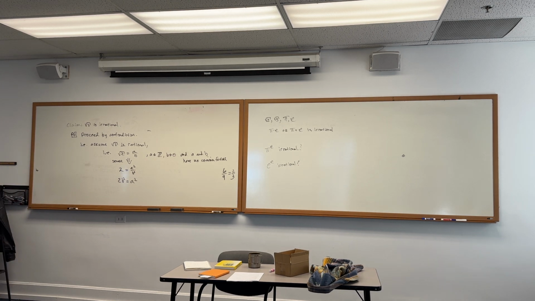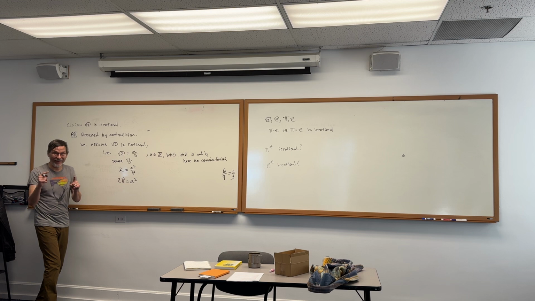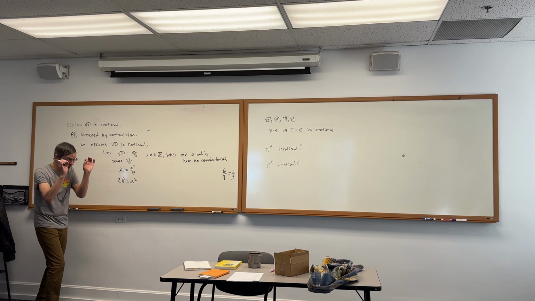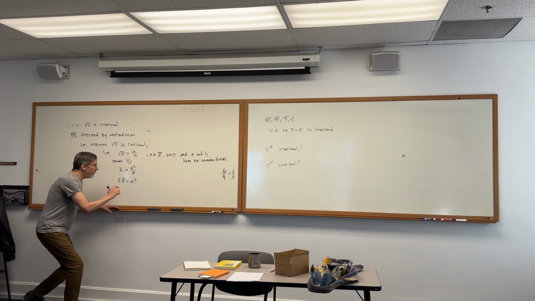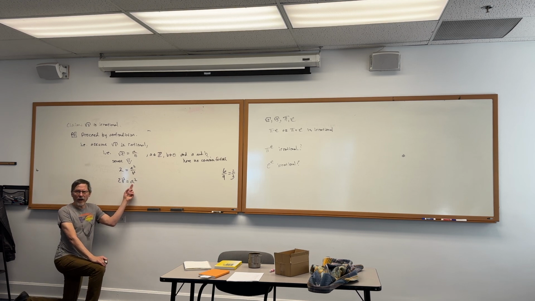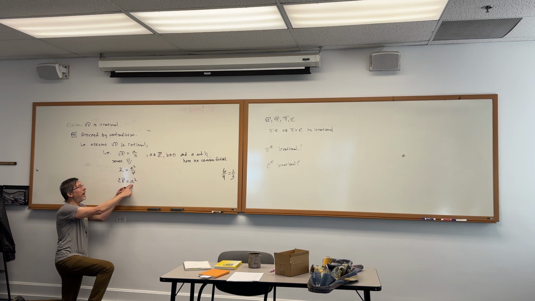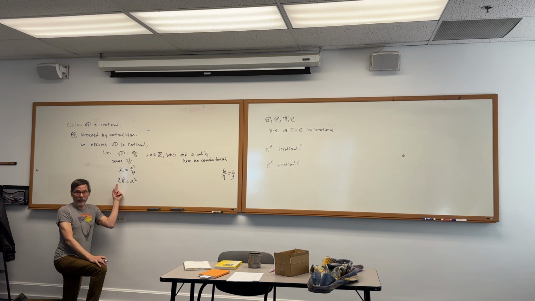If you're not quite sure you believe this, tell me. What we've done is we've taken this number a squared and started a factorization over here. So this statement right here means that a squared must be divisible by 2 because 2 is a factor.